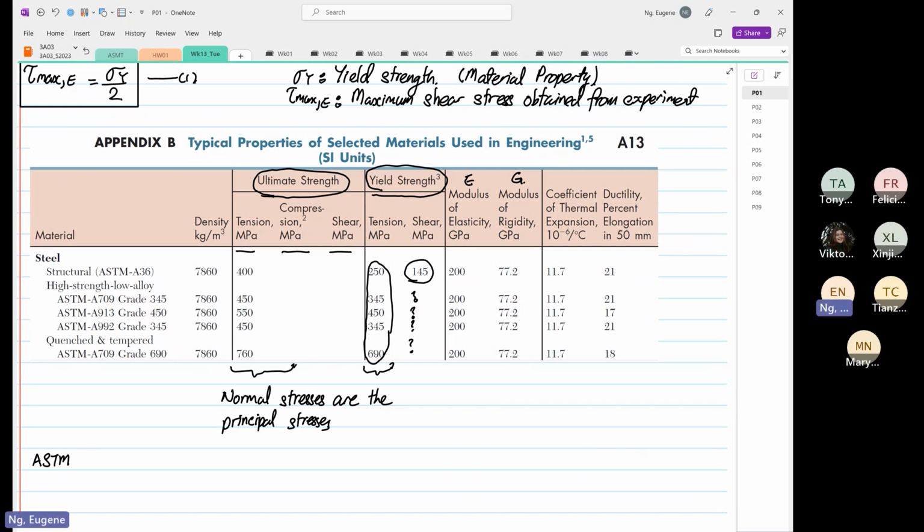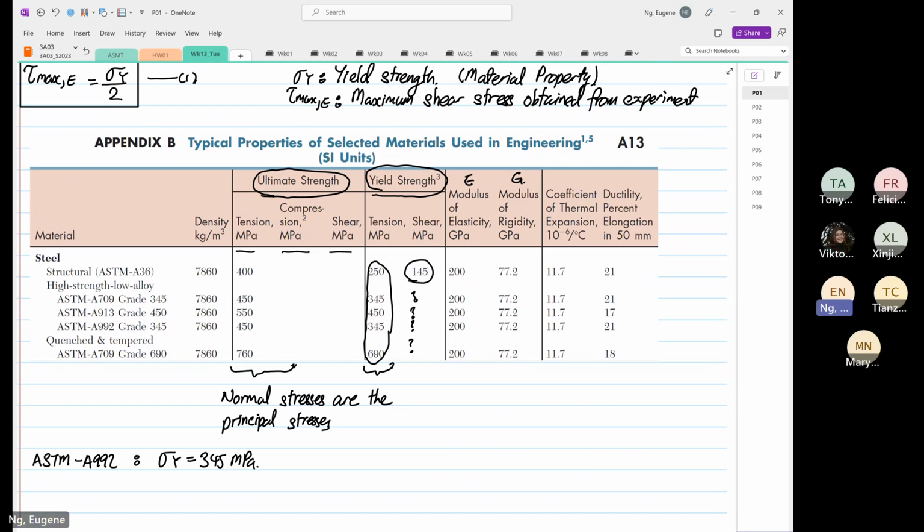We have ASTM A992, for which stress yield is 345 megapascal.